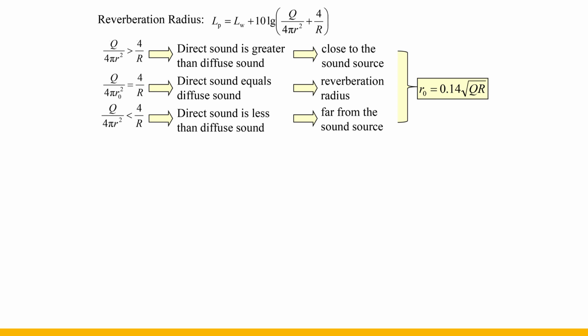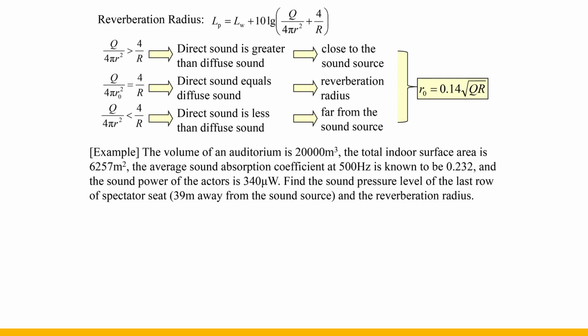When the receiving point is outside the reverberation radius, it mainly receives diffuse sound, and the effect of noise reduction by absorption is obvious. A language-based room requires high clarity and strong direct sound, and a speaker with a larger directivity factor can be selected.